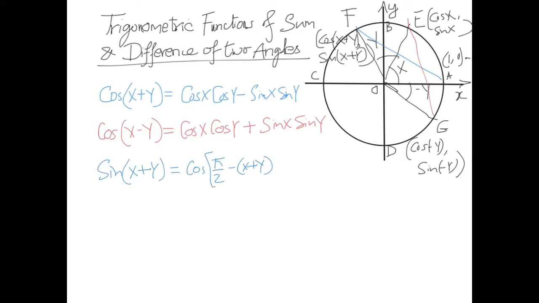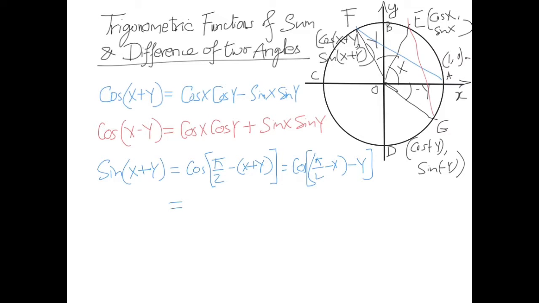And now we have an expression which is similar to cos of x minus y, because we can write cos of pi by 2 minus x plus y as cos of pi by 2 minus x, as one angle, and minus y as another angle. So we will substitute in the expression for cos of x minus y. In place of x we will use pi by 2 minus x, and in place of y we will use y.